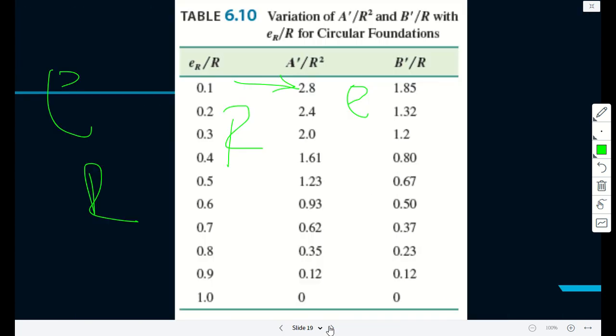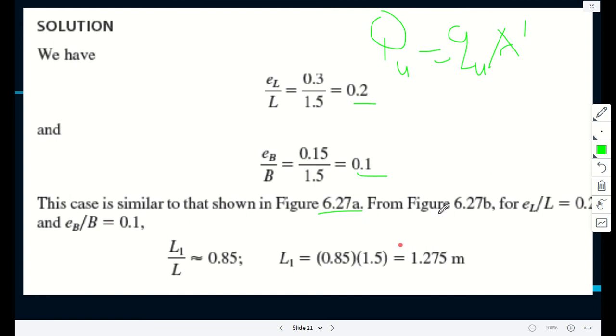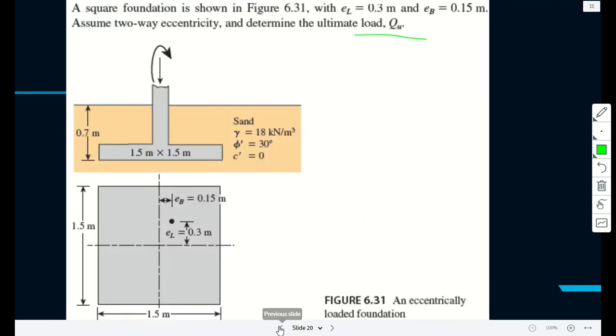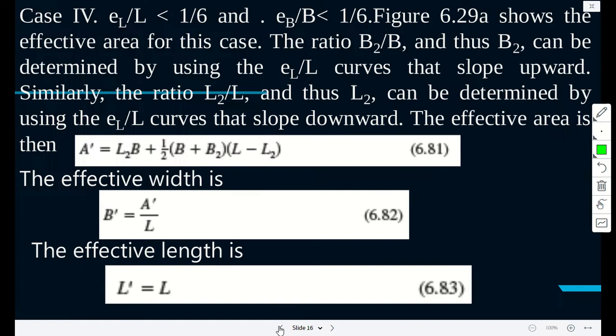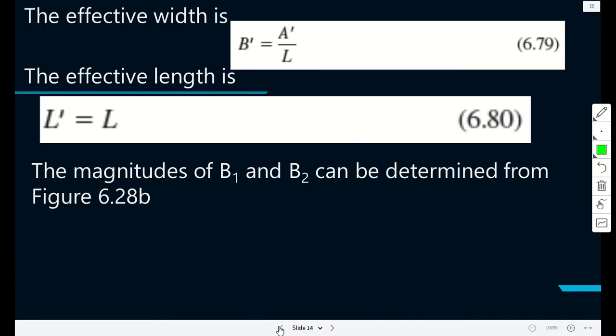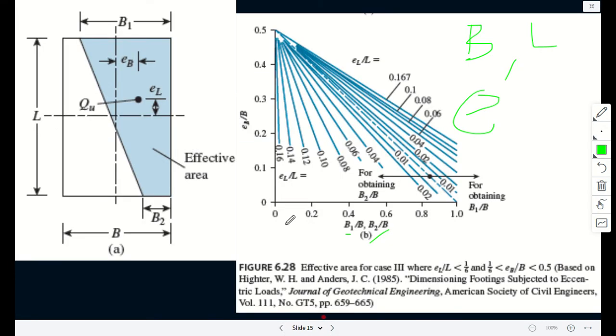Okay, unless, let me be sure. This is 0.2 and 0.1, so let's go back. No, okay, this one, sorry. Which curve is it? Let's see.